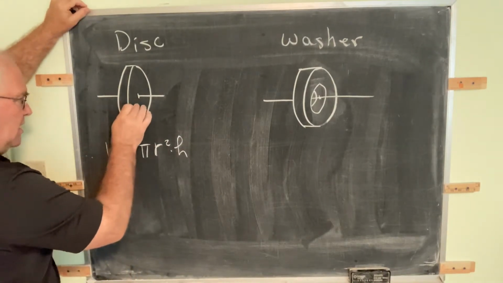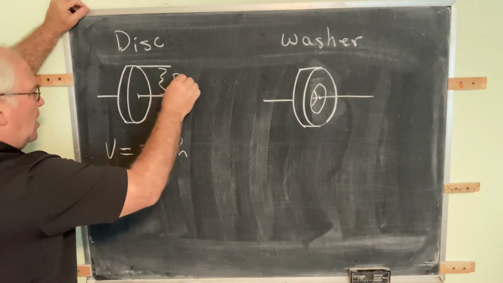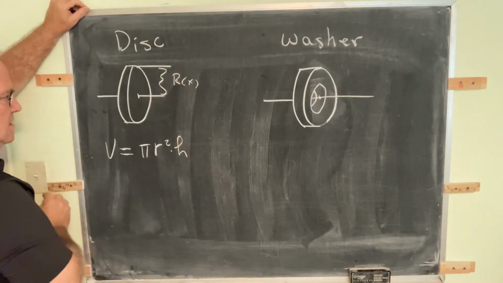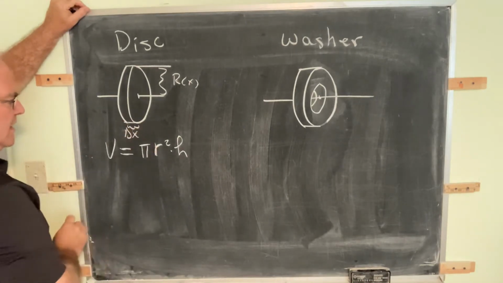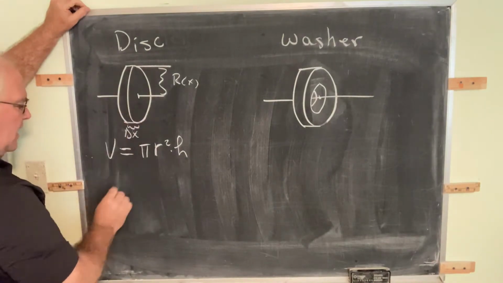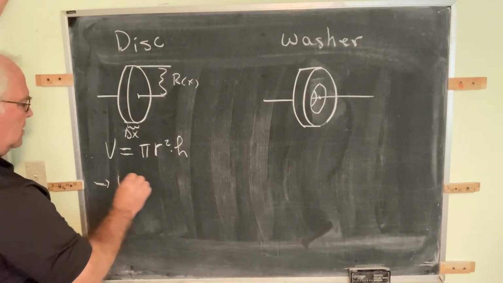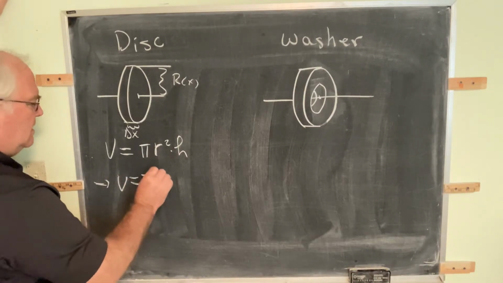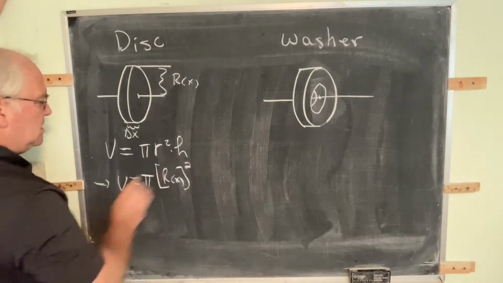Now, in this particular construction, if I call r of x the radius, and if I call delta x the thickness or the height, then the volume is pi times r of x quantity squared.